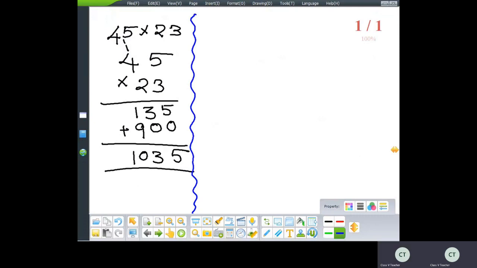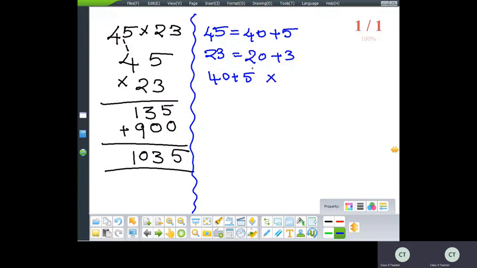So 45, if I expand it, how much will I get? 40 plus 5. Then next 23, if I expand it, it is 20 plus 3. Yes. Now let me go on with it. So 40 plus 5 into 20 plus 3.